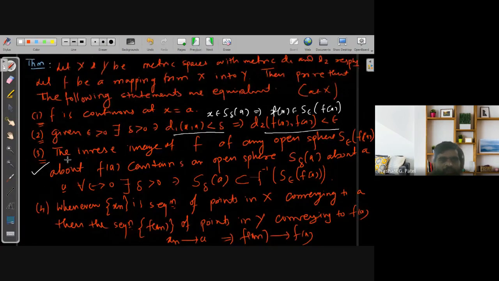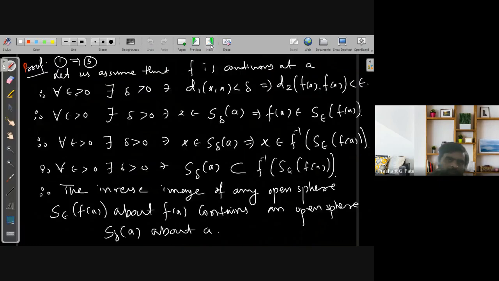It says that the inverse image of f of any open sphere about f of a contains an open sphere S delta of a. That means for every epsilon greater than 0, there exists a delta such that this condition is satisfied. So the negation of this statement says that instead of for every, there is some epsilon greater than 0 for which this condition will not be satisfied.